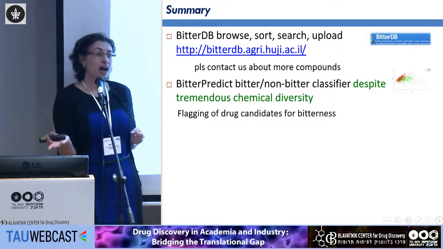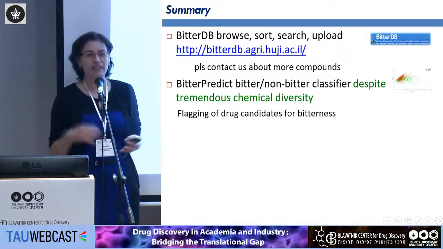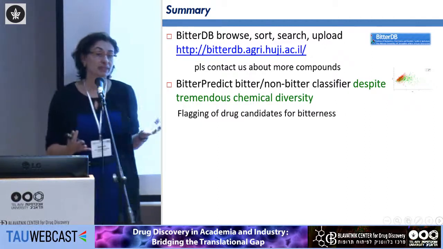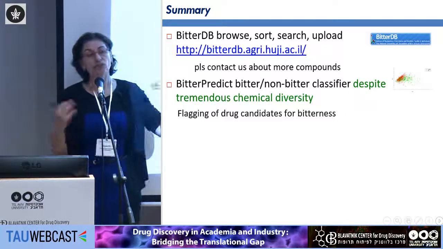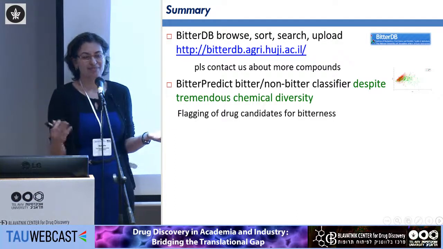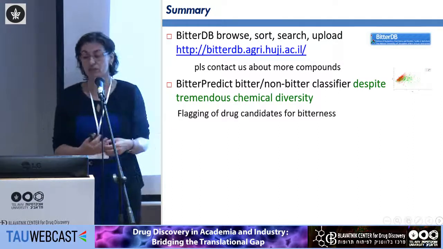So what we are now offering is something that is basically costless, because it's electronic, and can predict if it's going to be bitter. And it can, of course, be improved, because this is a system where the more data you get, the better your predictor is going to be.